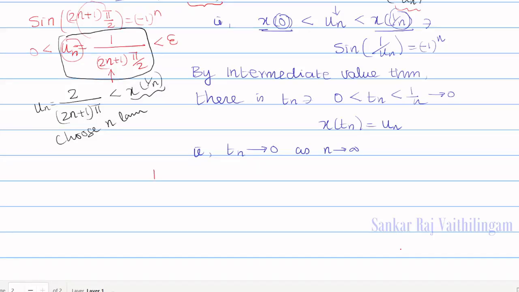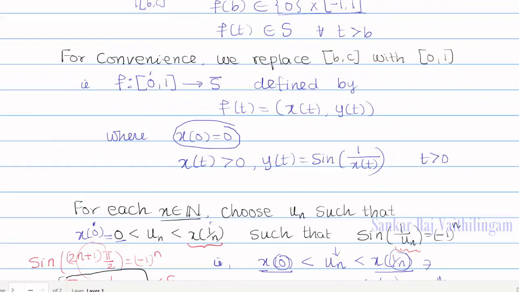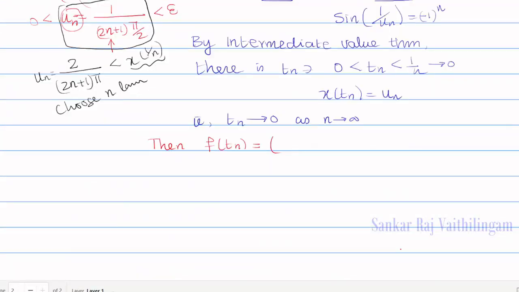So then my f of tn is equal to, how have I defined f of t? I have defined it as x of t, y of t. So this must be x of tn and y of tn.